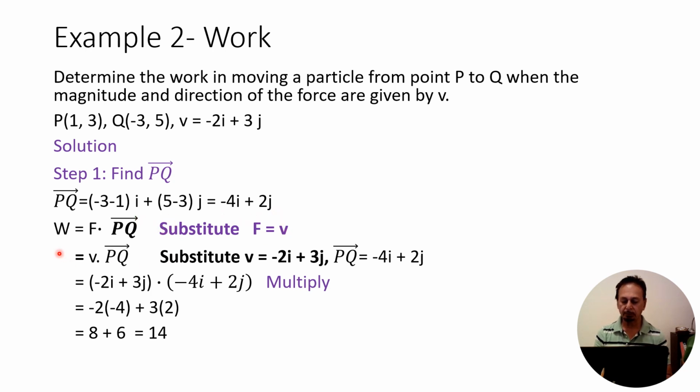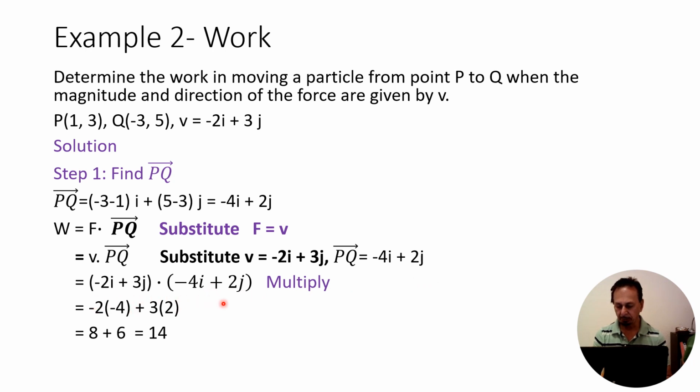Now the formula for the work is the force dotted with vector PQ. Now we substitute F equal to V, so it becomes V dot vector PQ. Now we replace V, the force vector, -2i plus 3j, dot vector PQ we just found, -4i plus 2j.